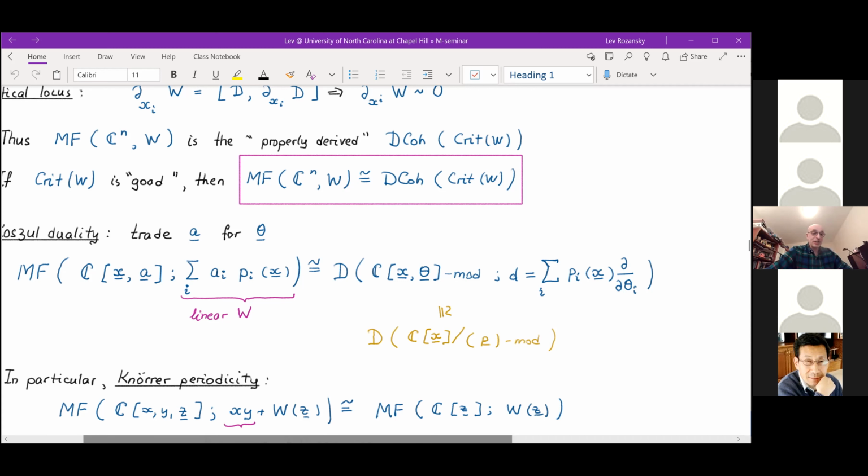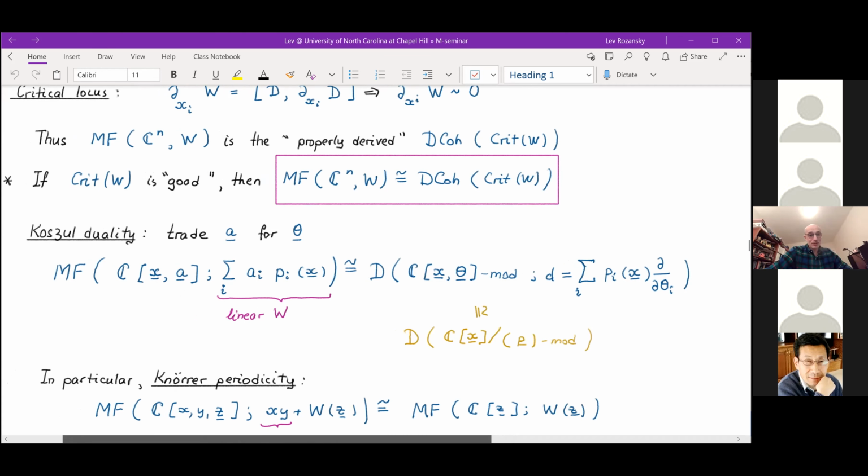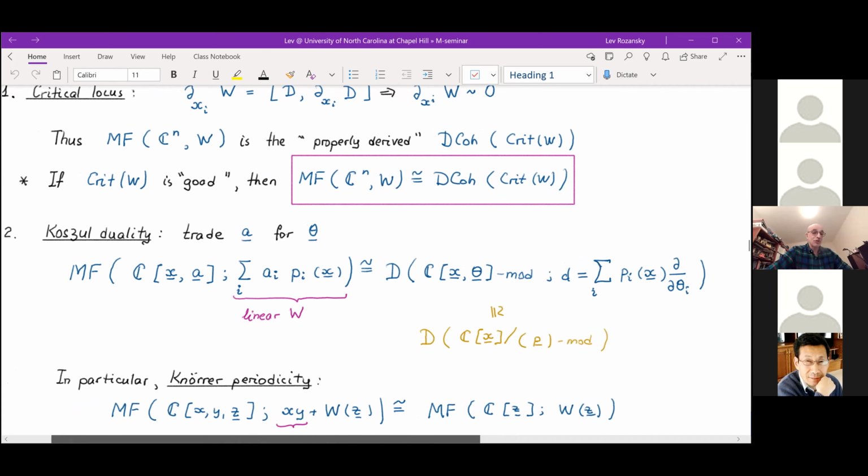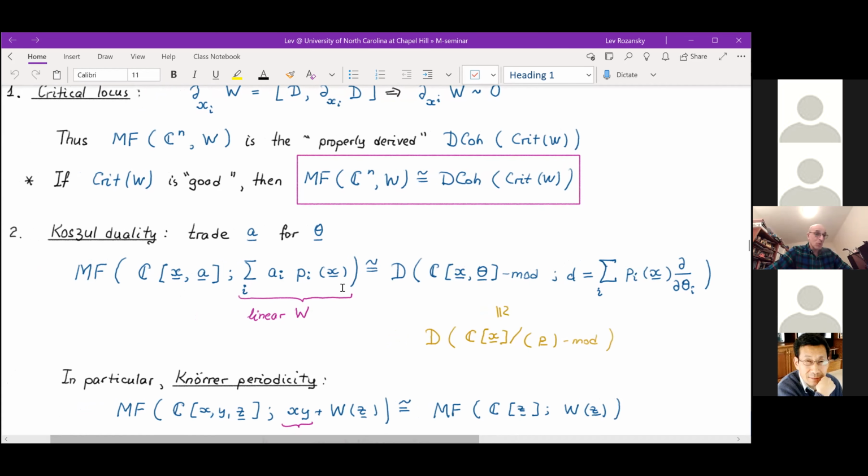So if you see a linear W, you can simply turn it into coherent sheaves over the quotient by these factors.